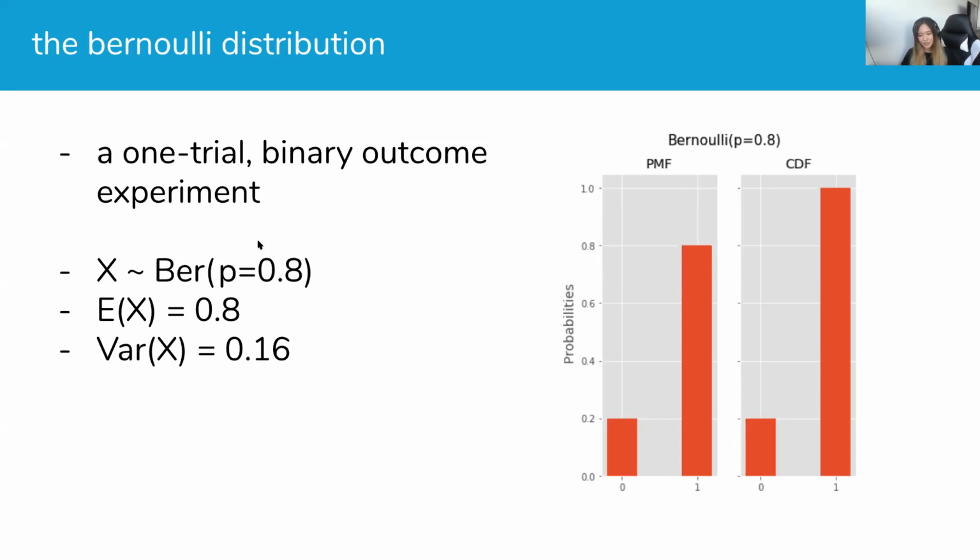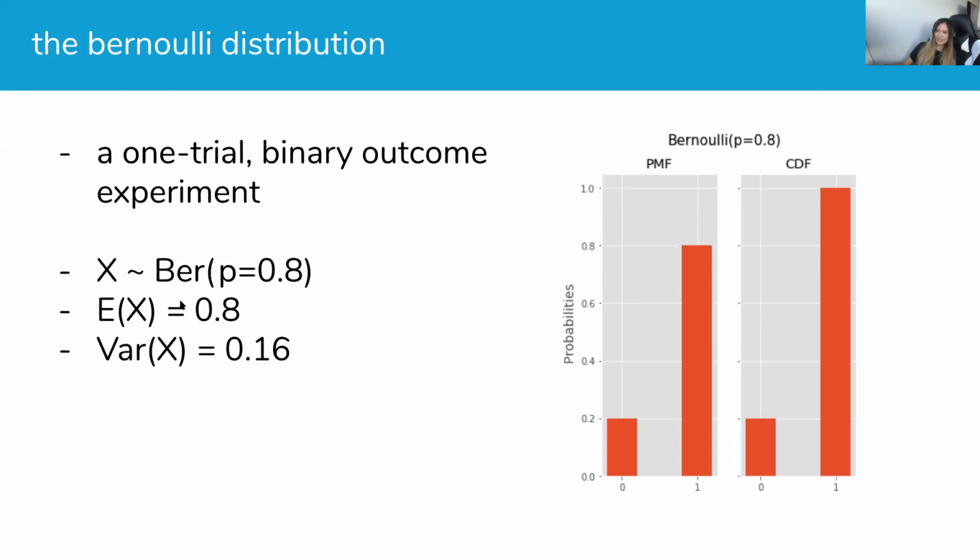In a Bernoulli distribution, the only parameter that defines it is the probability of a success, so here we have p equals 0.8. If we have a different experiment like flipping a coin, p will equal 0.5. This is just a mathematical notation telling you what the distribution is.